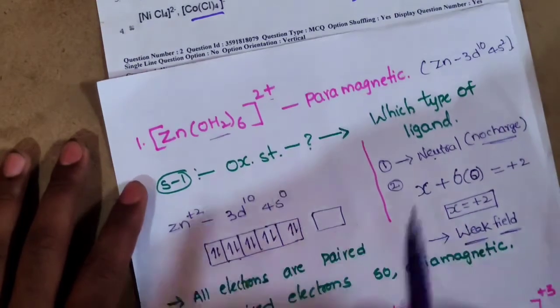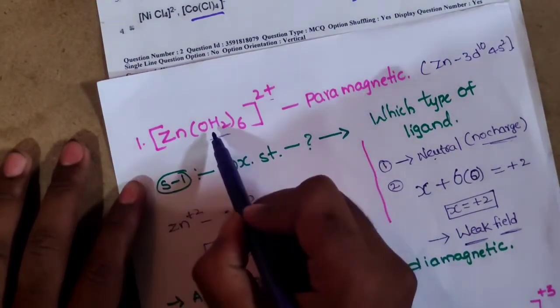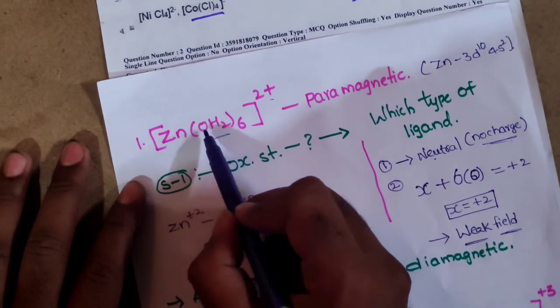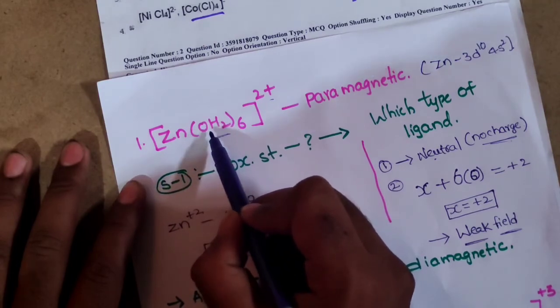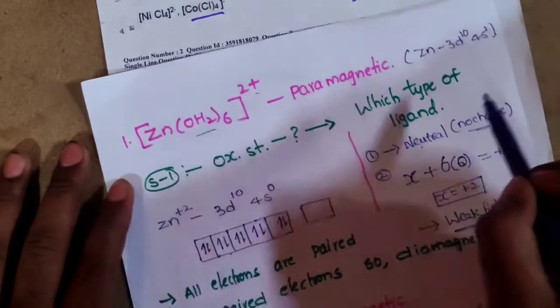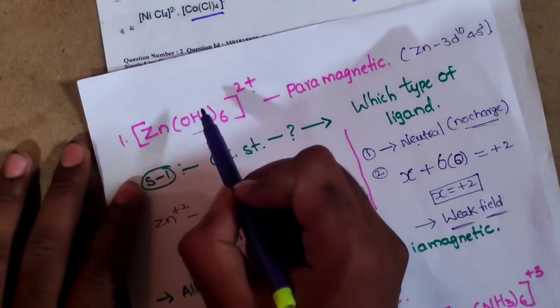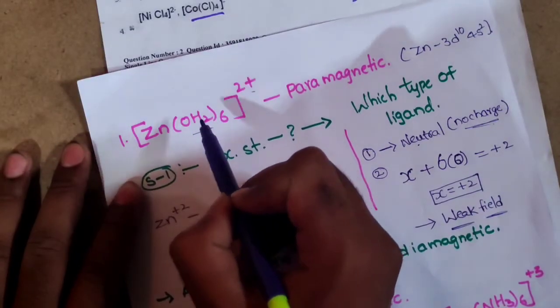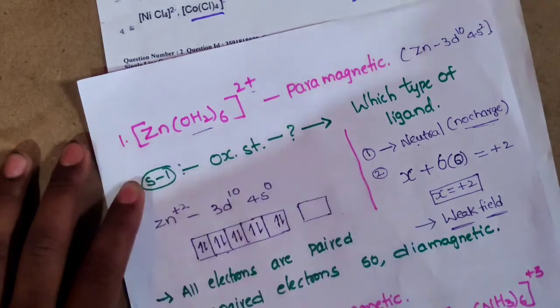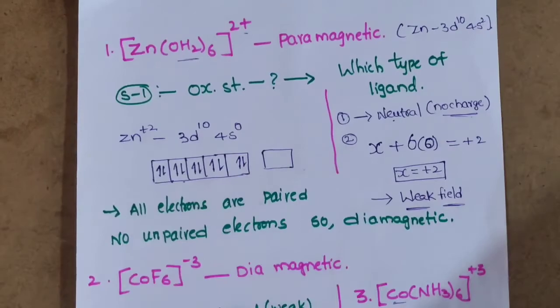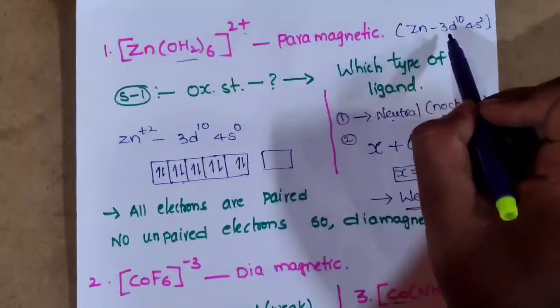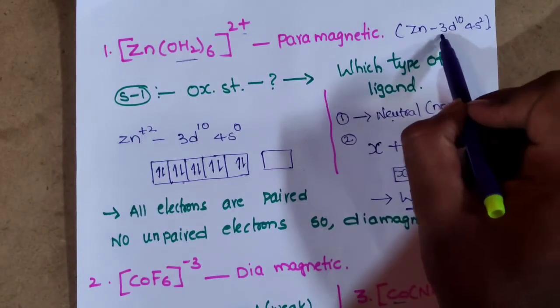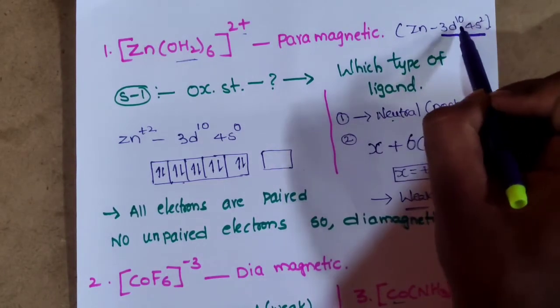So now we have aqua molecule, that is water molecule, H2O. So H2O is a neutral and weak field ligand, and here zinc in its neutral state, the electronic configuration is 3d10 4s2.